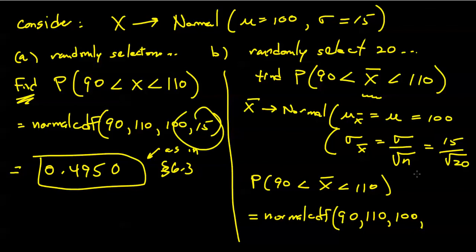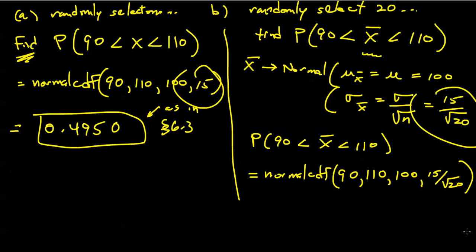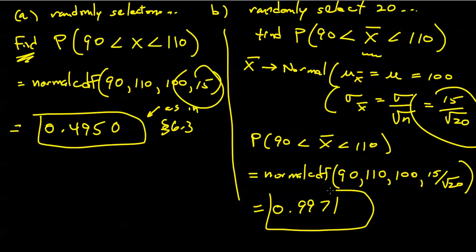Here the standard deviation is 15. Here the standard deviation is 15 divided by the square root of 20. You get a smaller standard deviation. Okay? So I punch this out, and I get 0.9971. Now here the answer to part B is greater than the answer in part A.